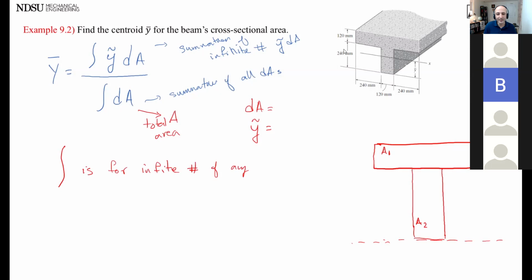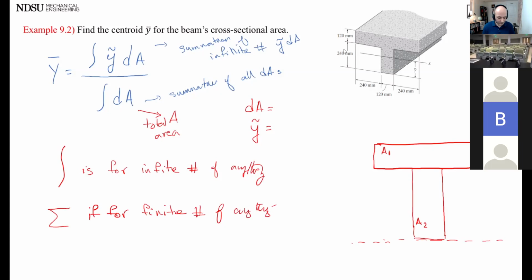What is it called? Sigma. There we go. You guys are engineers, you should be using engineering and mathematical notation. So sigma is for a finite number of anything. Now that I have two areas, is that finite or infinite? Finite.